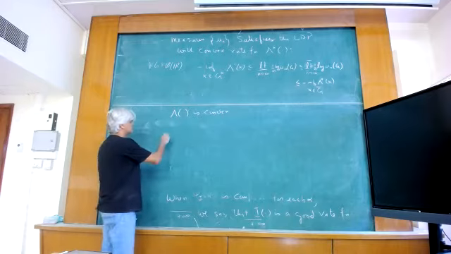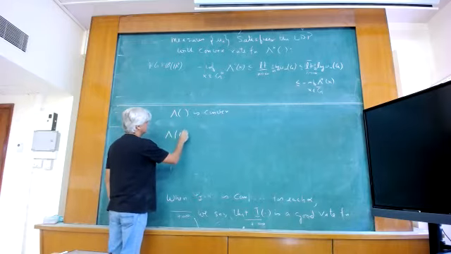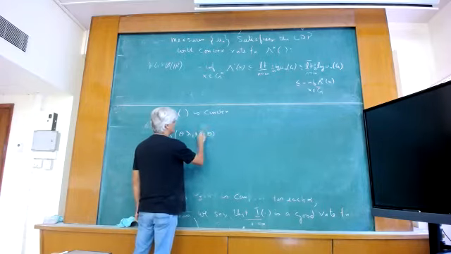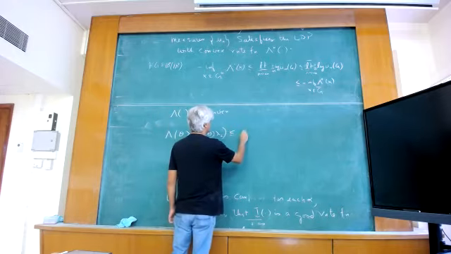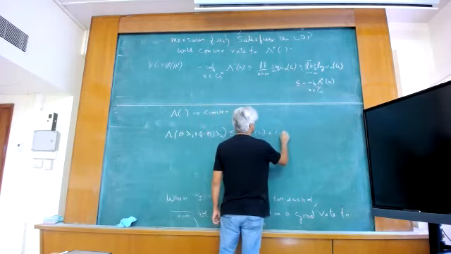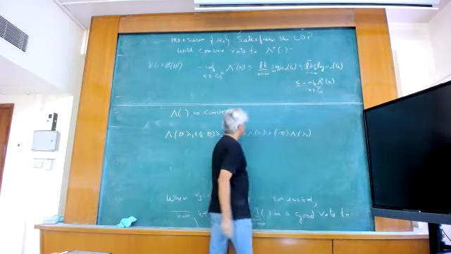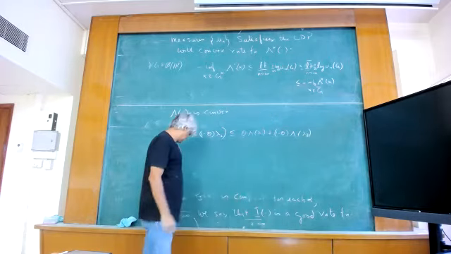To show something is convex, we show lambda of theta lambda 1 plus 1 minus theta lambda 2 is less than or equal to theta times lambda of lambda 1 plus 1 minus theta times lambda of lambda 2. That's what convexity actually means.